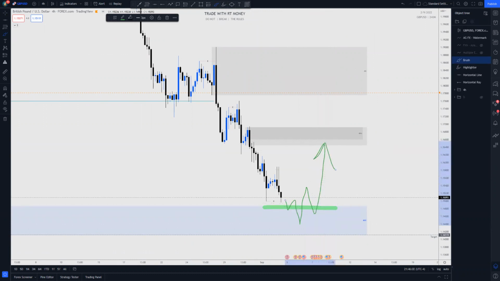I'm looking for that break of market structure to the upside, and I'm waiting for the return to impulse down to the demand zone that'll be here waiting for it, and we can take a relatively high probability counter trend trade to the upside.